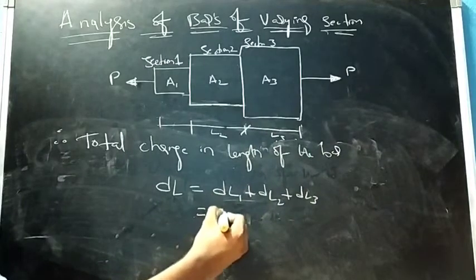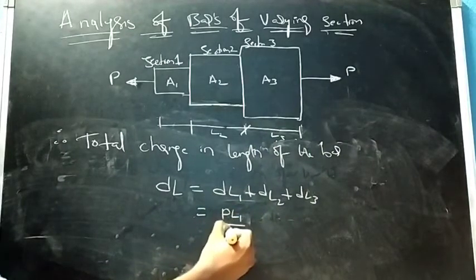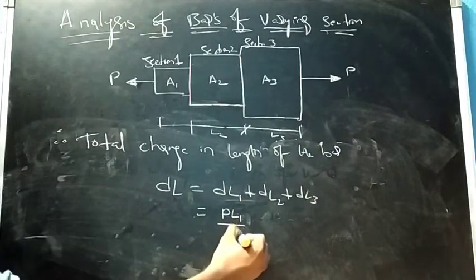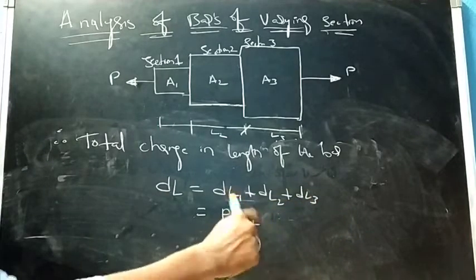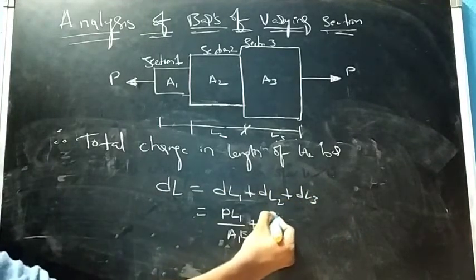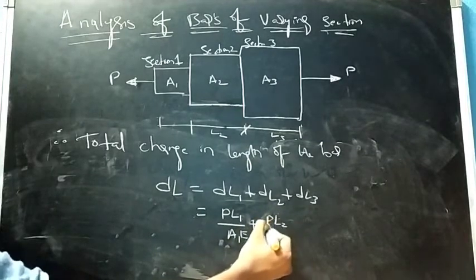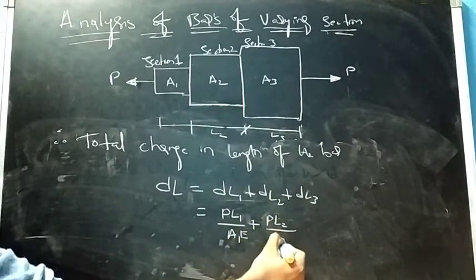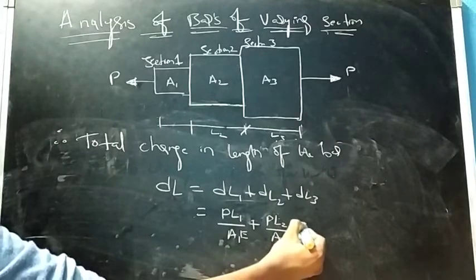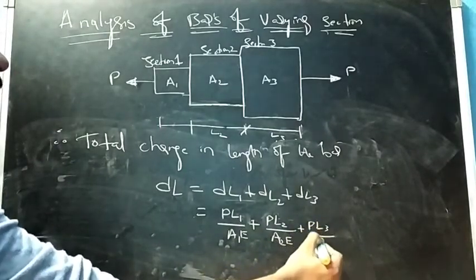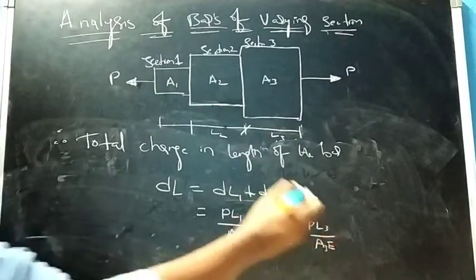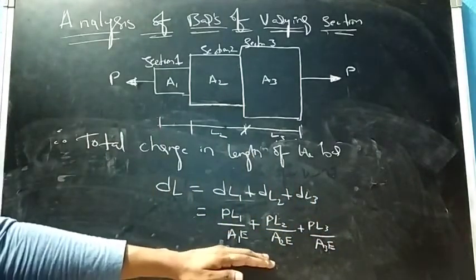So here, PL1 upon A1E plus PL2 upon A2E plus PL3 upon A3E. As simple as that, right?